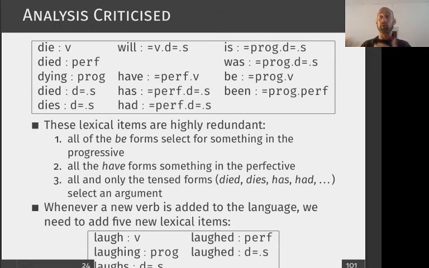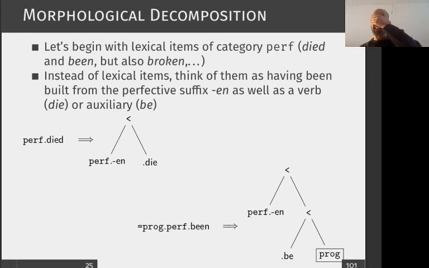It's not just adding one word. We have to add a whole bunch of words in order to intuitively extend our analysis with one word. That's a concrete, measurable, observable problem with this analysis. That's a way of making measurable the intuition that our analysis is missing generalizations. So what do we do? Well, guys that were in the syntactic decomposition class, you know what to do.